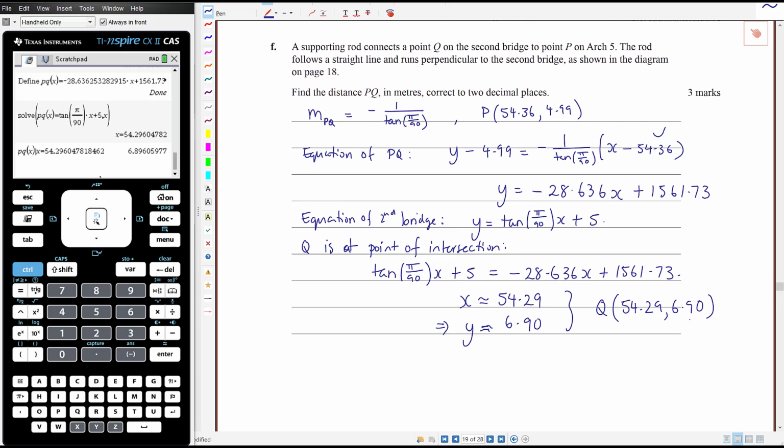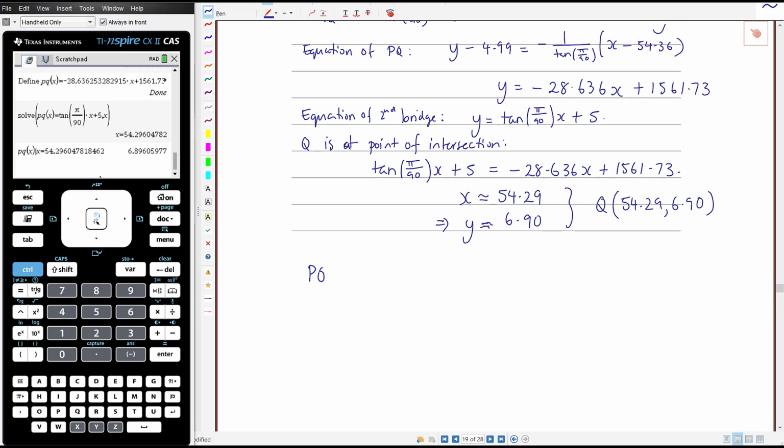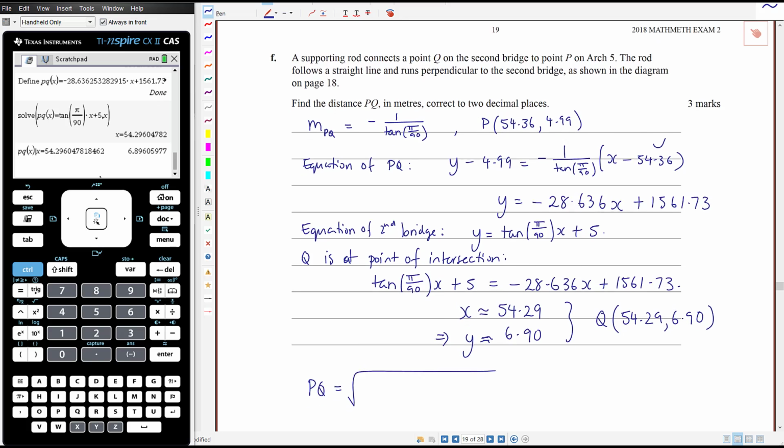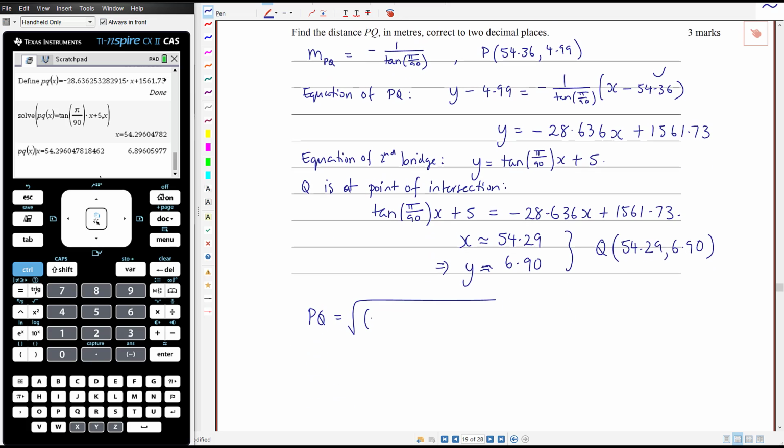Alright, and then we want to find the distance. So PQ is the square root of the difference between the x values, which is going to be 54.36 minus 54.29 squared, plus the difference between the y values, which is 4.99 minus 6.90 squared.